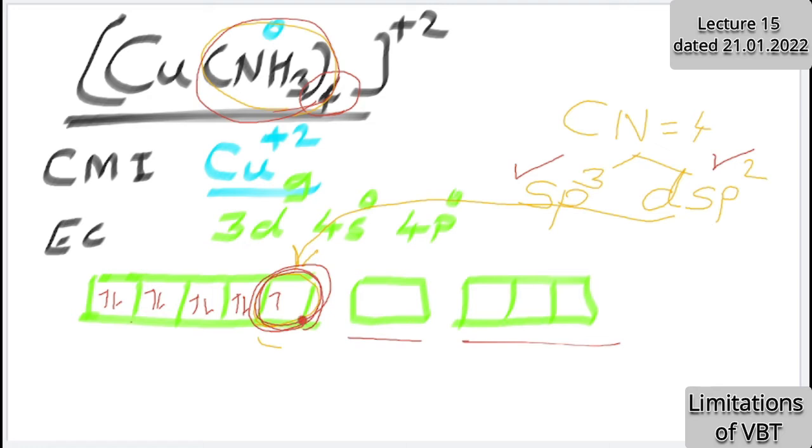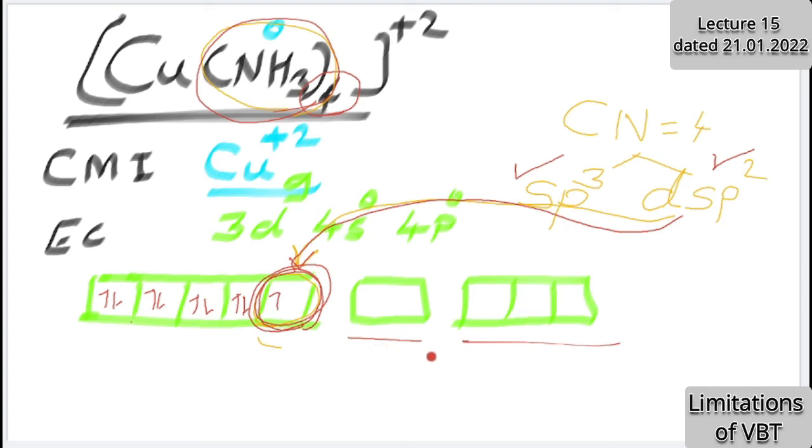So even if copper wants to give room to the ligand, copper cannot, because of the number of electrons it itself has. Despite the want of copper, it can't make these inner orbitals available.